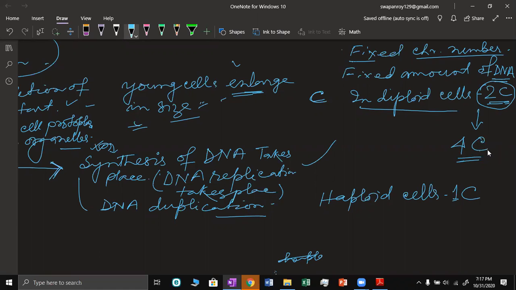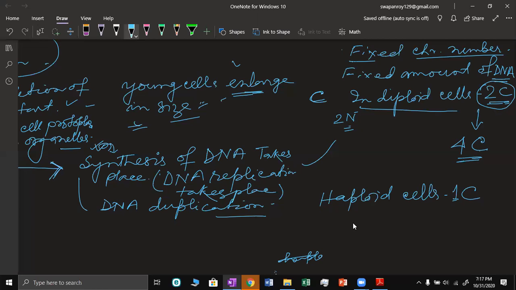It increased to 4C. But one thing we have to remember, that the chromosome number remains the same. Chromosome number is written by N. So the chromosome number in the diploid was 2N, and during the preparation also the chromosome number remains the same, 2N.